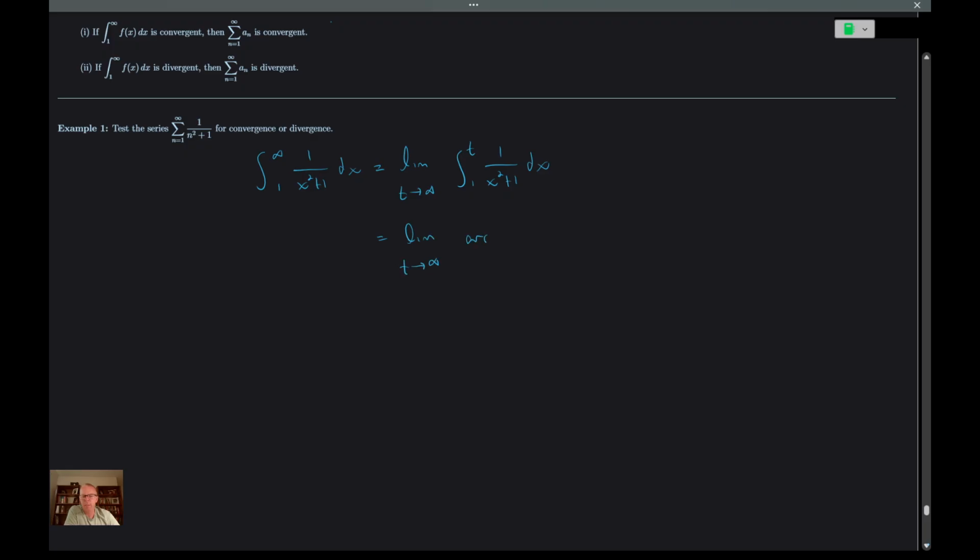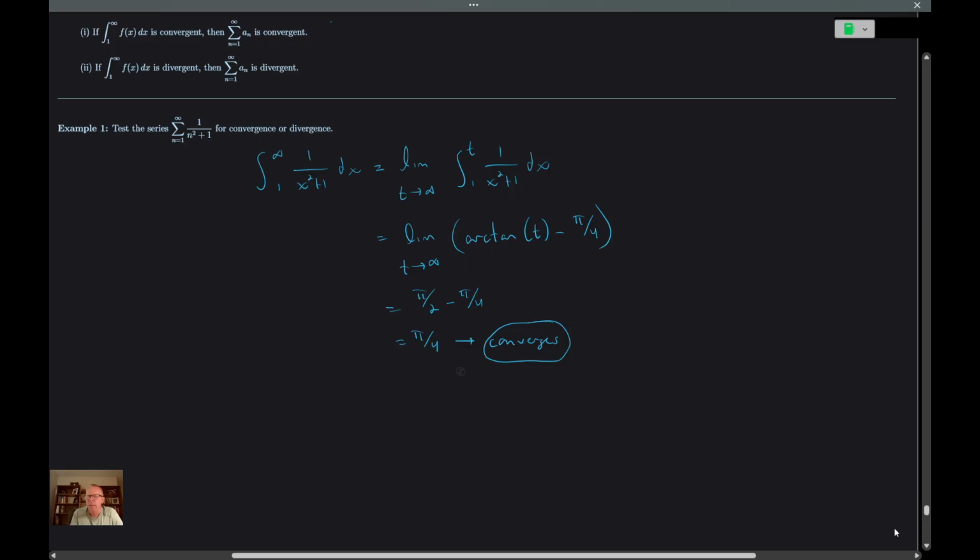So we plug in the values: arctangent of t minus arctangent of 1, which is pi over 4. As we take this to infinity, we get pi over 2 minus pi over 4, which is pi over 4. So that converges, which tells us that this infinite sum converges.